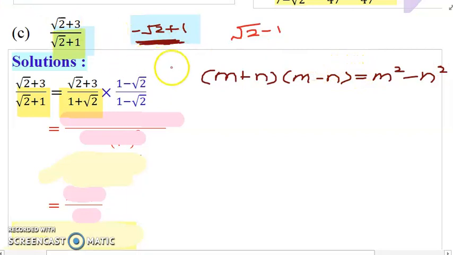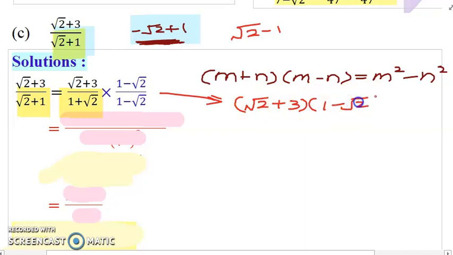So next, once we do such multiplications, you find that you have the result. If I keep it in a single fraction, the arrangement will be 2 square root of 3, square root of 2 plus 3, multiplied with bracket 1 minus square root of 2, divided by the denominator 1 plus square root of 2 and 1 minus square root of 2.